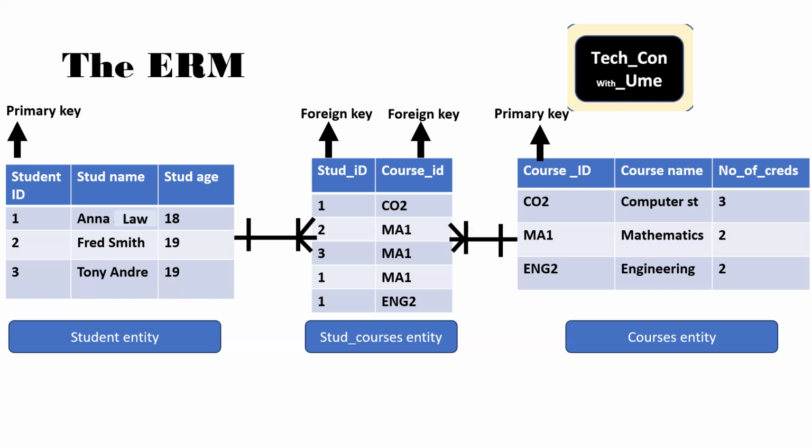Notably, if we keep this rule in mind, we will have very little confusion when modeling relationships, especially one-to-many relationships or many-to-many relationships.